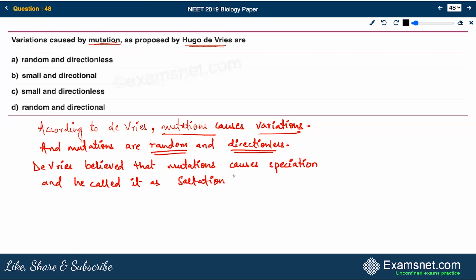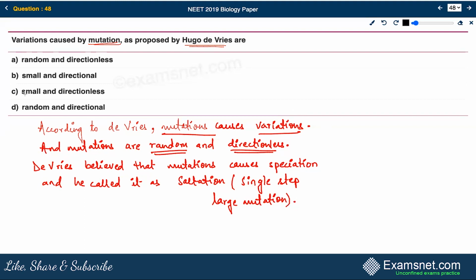That means, in his words, it was a single step large mutation. Clear? This is the case.